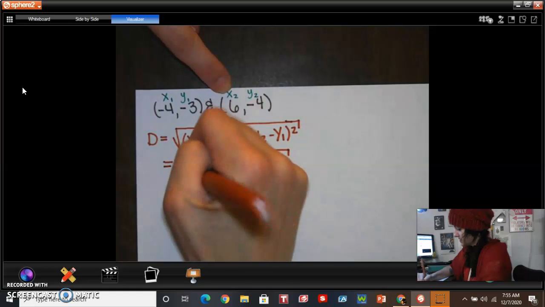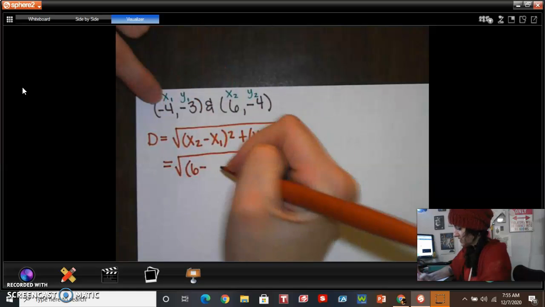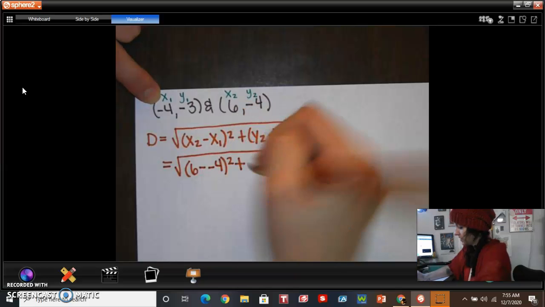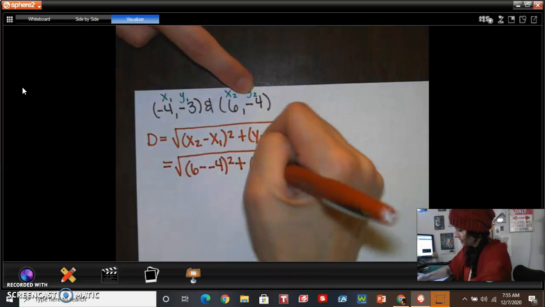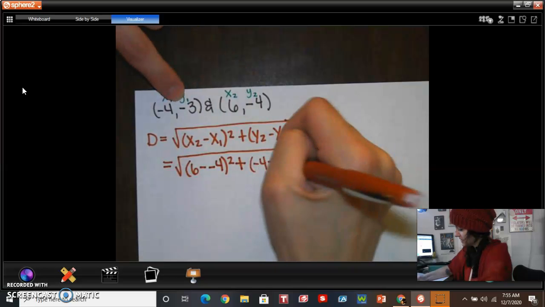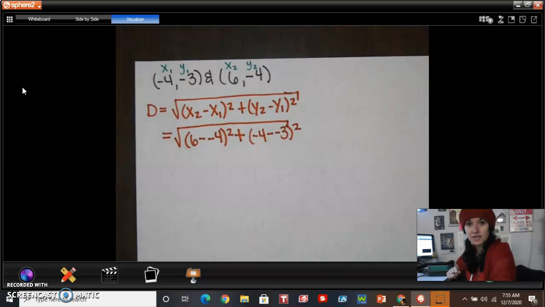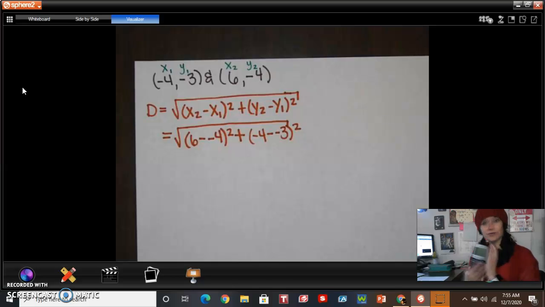So we've got 6 minus -4 squared plus -4 minus -3 squared. All right. Now again, please use your calculators if you're someone who struggles with negatives and positives. It's okay if you do. Luckily, we have technology in the world today that makes life easier for us.